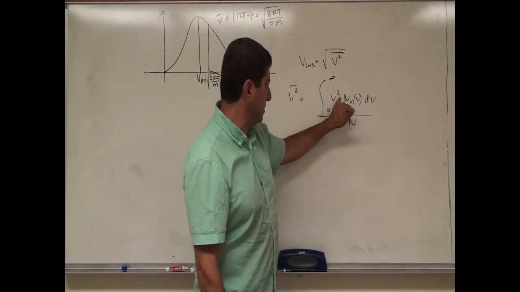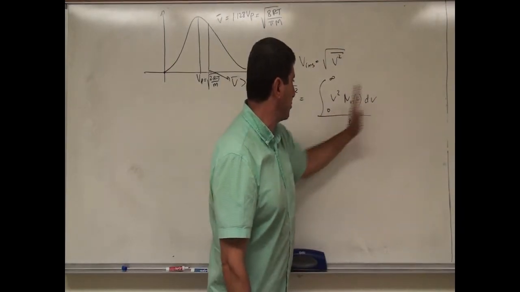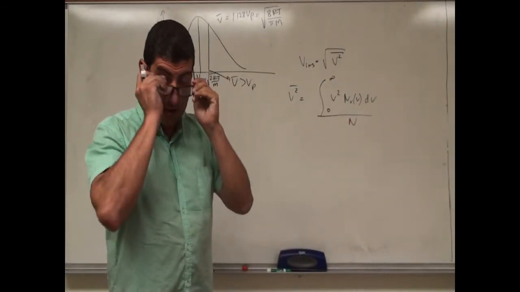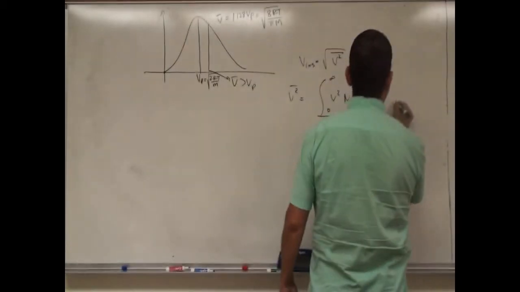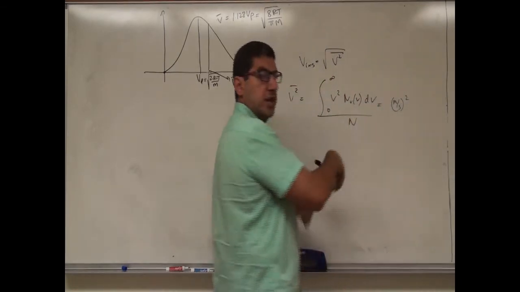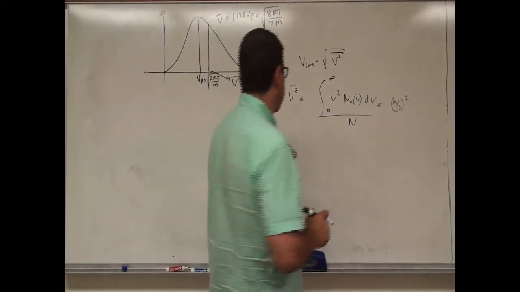You're squaring the speed, you're multiplying by how many particles are moving at that speed, then you're integrating that from 0 to infinity, dividing by the number of particles, right? But this one is going to give you units of what? This is going to give you units of meter per second squared. The N and this N will take care of themselves so that the particles per unit volume will cancel, but it'll be meter per second squared.